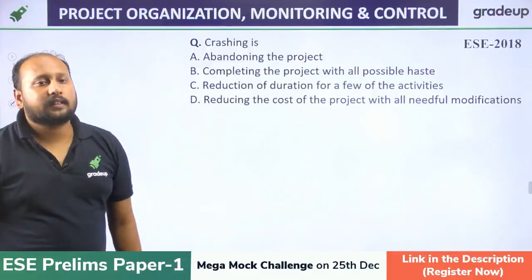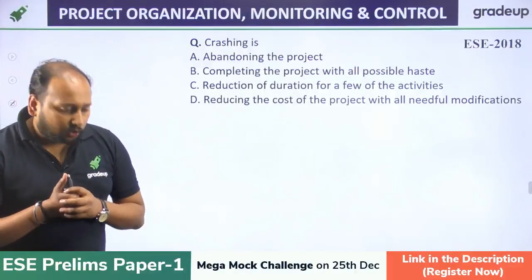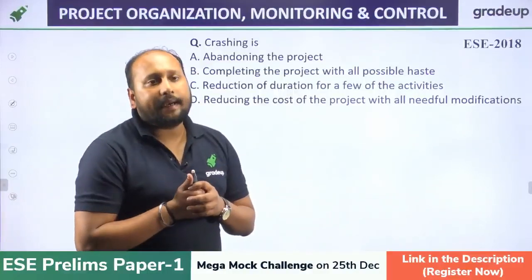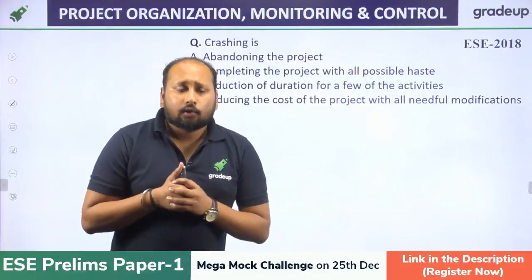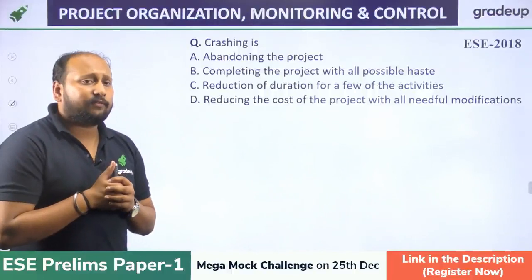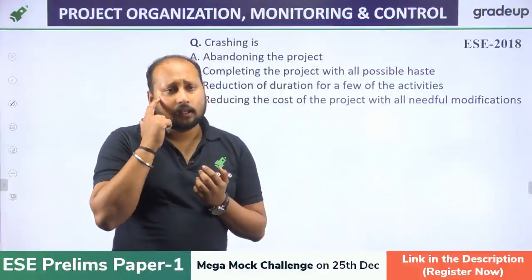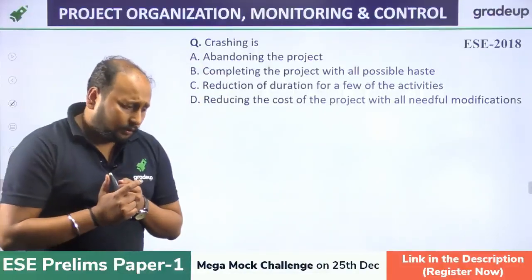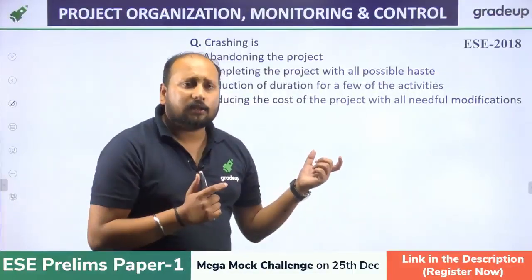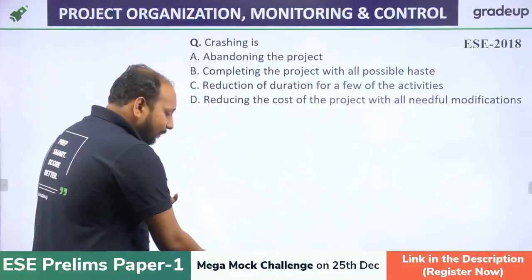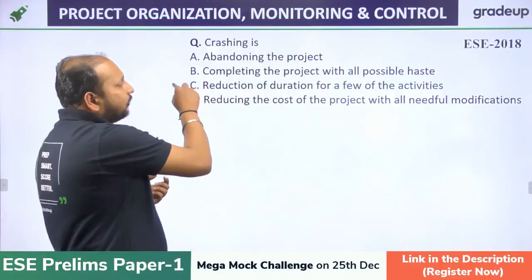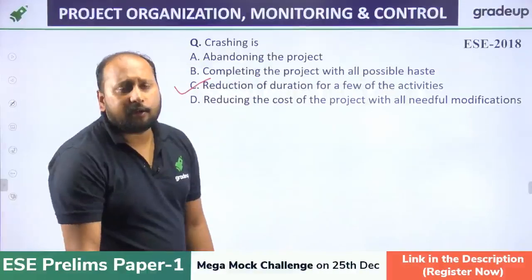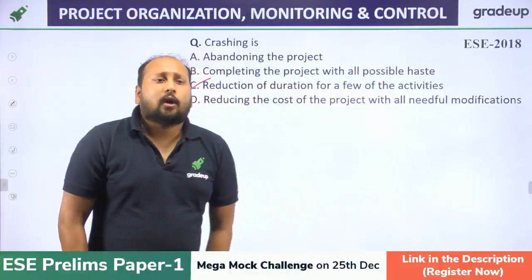Which of these is correct? This question was asked in 2018. You can see the variation of the questions and the level they are asking. They are asking very basic questions, like the ones I have shown you in today's session, and you can expect this type of question in ESE 2020. Clear? So option C is correct.